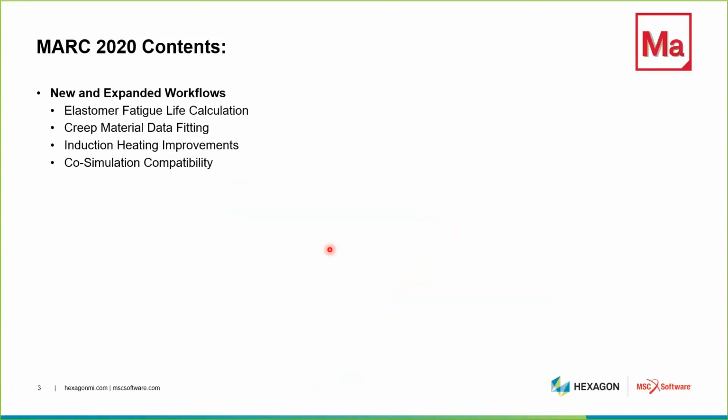I wanted to especially thank Andy Bell from our application engineer team who really worked hard to beta test this. It's a good capability, and I'm excited to show it to you. We also have some exciting things in creep material data fitting, induction heating improvements, and I'll talk a little bit about co-simulation compatibility.